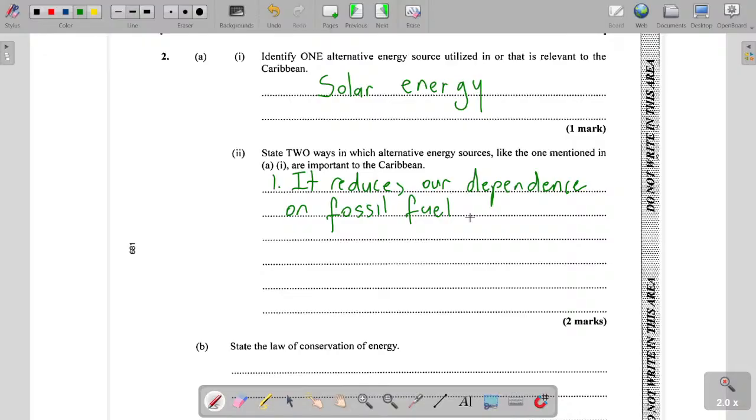And if it reduces our dependence on fossil fuel, that means we will import less of that, which is economically good for us. And the next thing about solar energy is that it is environmentally friendly. So that means we have less emissions.